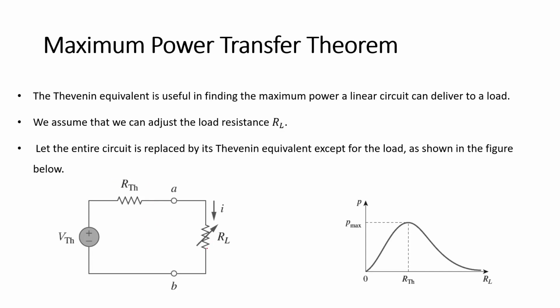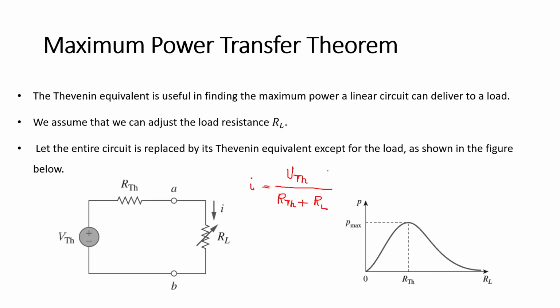Now if the load resistance is varied, what will happen? The current flowing through this resistance will be I equals V Thevenin by R Thevenin plus RL.